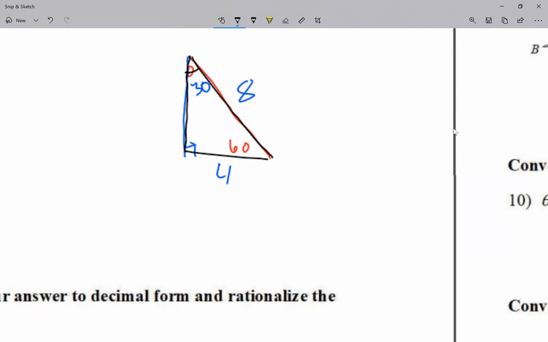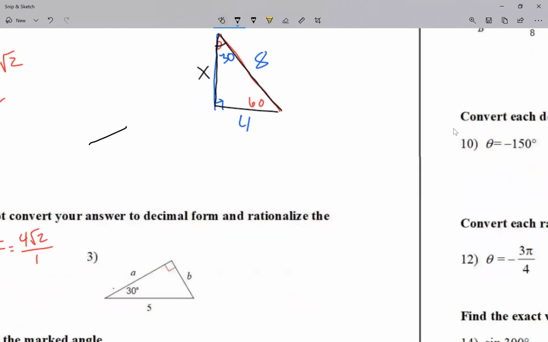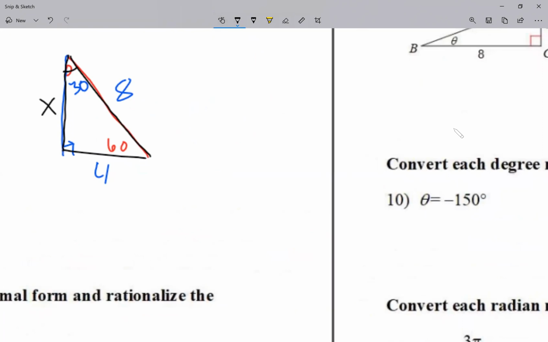So that's that. Now, let me come up with a formula to solve for the third side. I'm going to use the Pythagorean theorem again. So I'm going to go 4 squared plus x squared is equal to 8 squared.